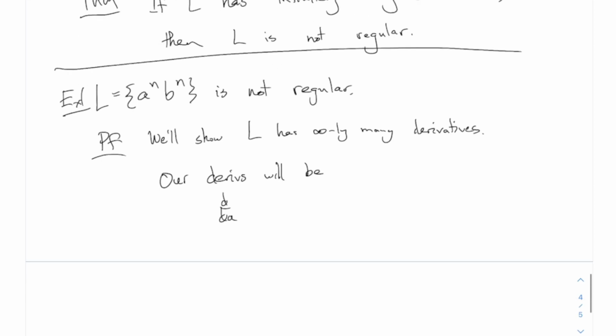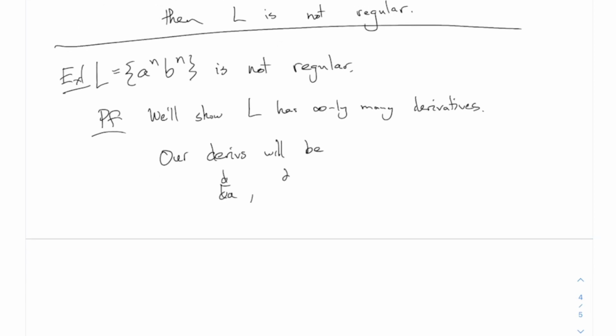one is the derivative with respect to a, one is the derivative with respect to a squared, derivative with respect to a cubed, etc. It turns out when you do each of these derivatives, they will always give you a different answer. And that means there are infinitely many different derivatives, and so the language is not regular.